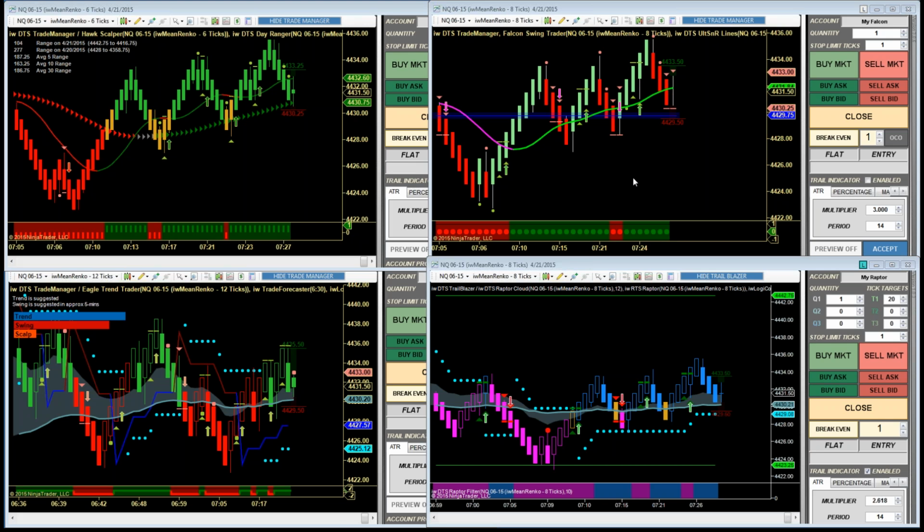The stock indices are a little bit on the weak side, but the NQ is not giving it up. Not yet, anyway.